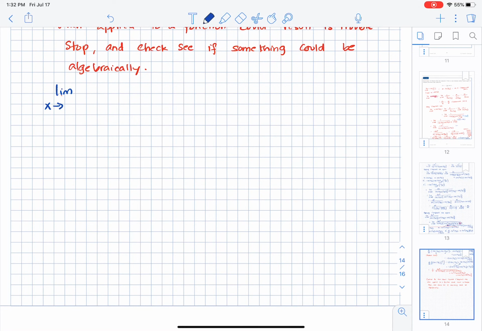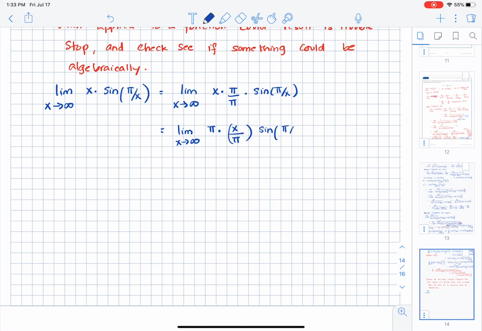Limit x approaches infinity, we have x times sine pi over x. What I'm going to do here is multiply and divide by pi. Which would mean limit x approaches infinity, pi times x over pi multiplied by sine pi over x.